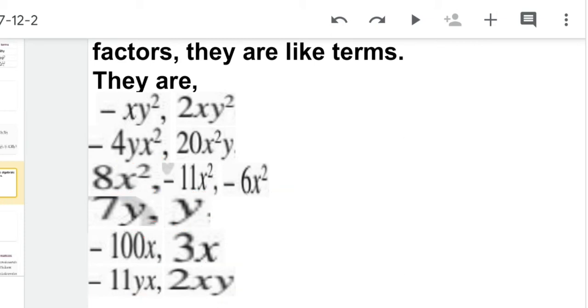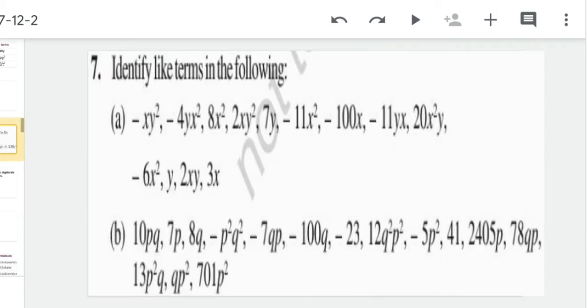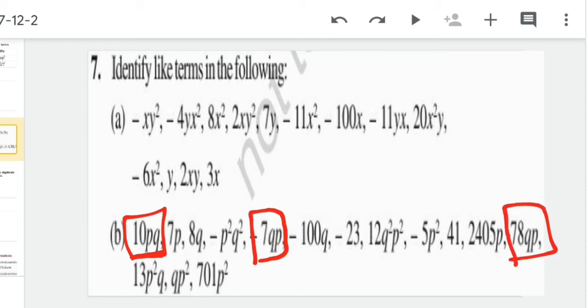Okay. Similarly, in the same way, you have to classify or identify the like terms in part B. Let's discuss here only. We have 10pq. The like terms for 10pq will be minus 7pq and 78qp.